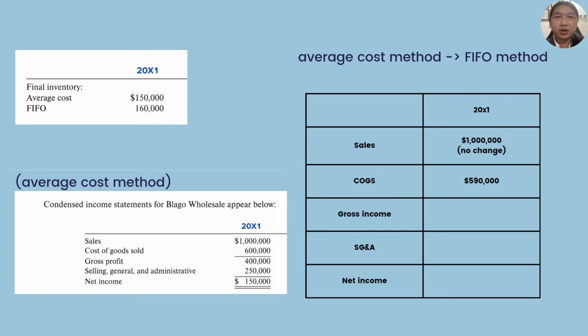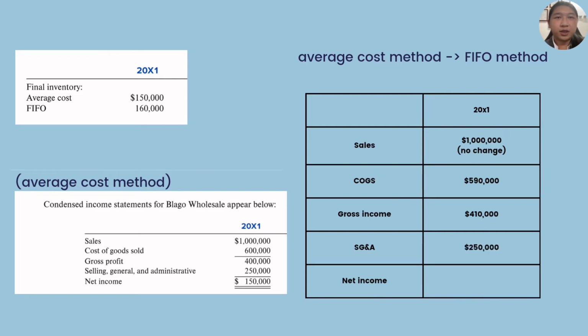Then, to get gross income, the formula is still the same: sales minus cost of goods sold. This is 1 million minus 590,000 to equal 410,000. Again, inventory does not affect selling, general, and administrative, so this stays the same at 250,000.